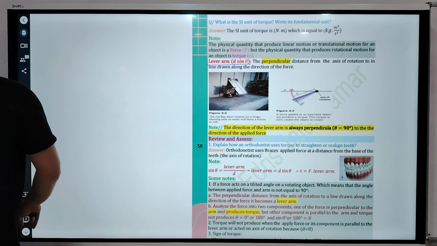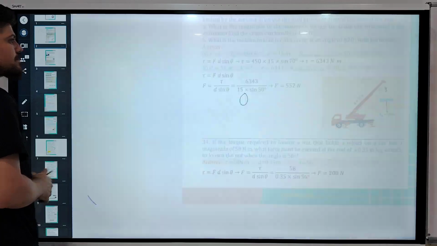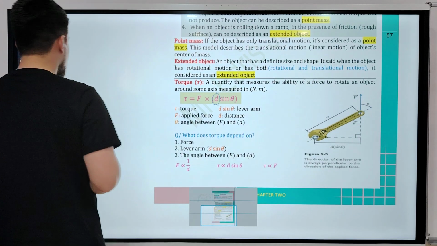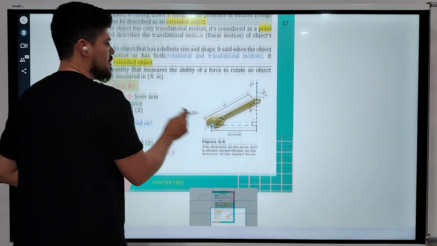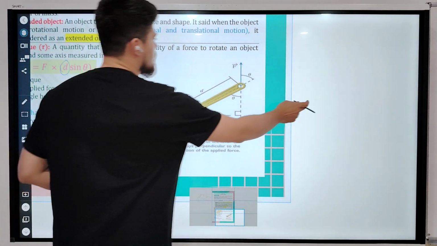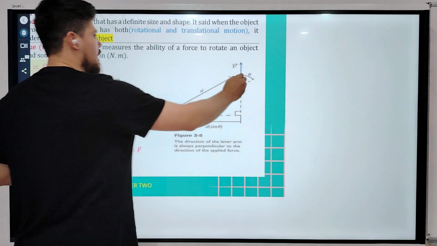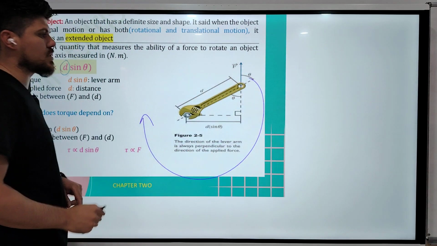Look at this example. This is a spanner. When a force is applied, the spanner tends to rotate in the clockwise direction.